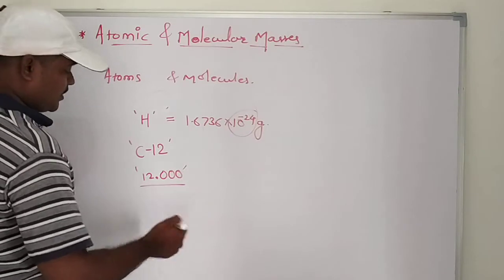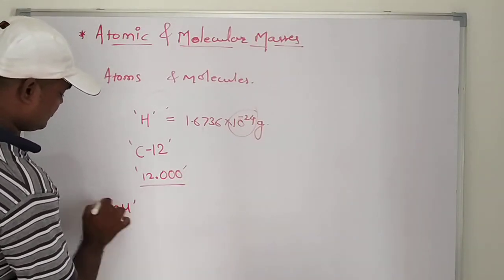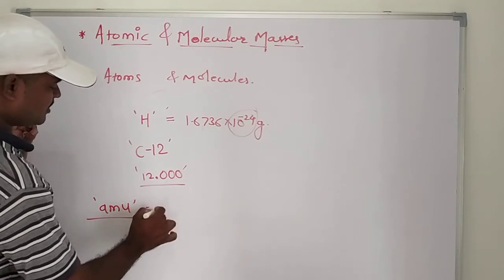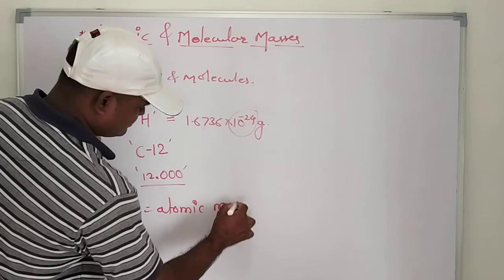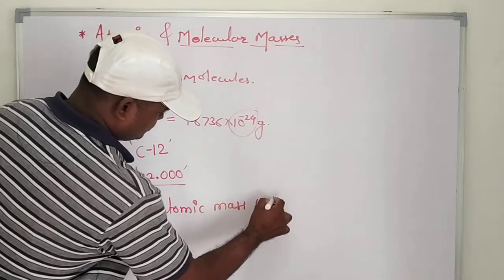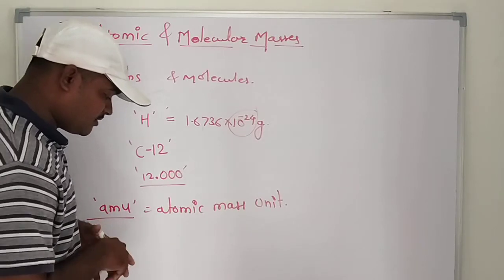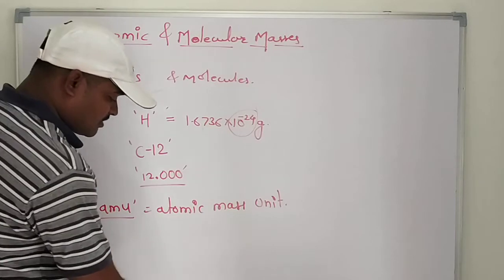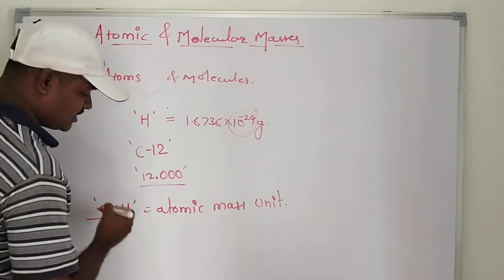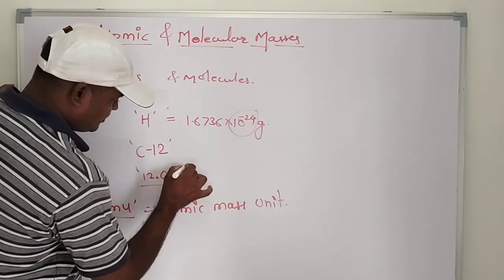Now we are going to look at what is meant by AMU. AMU is nothing but the atomic mass unit. Now students, this is a very important concept. What is meant by atomic mass unit? Atomic masses of all other elements are given relative to that of carbon 12.